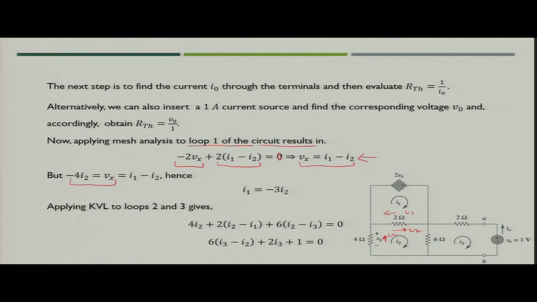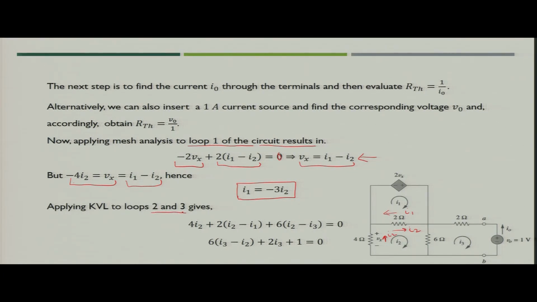You can simply say Vx is nothing but minus of 4 I2. Now, you know that Vx is equal to I1 minus I2. So, in that case you can simplify and you will get the value of I1 as minus of 3 I2.